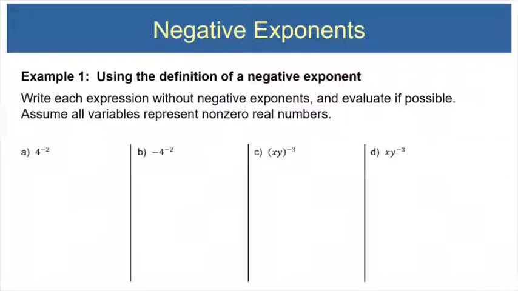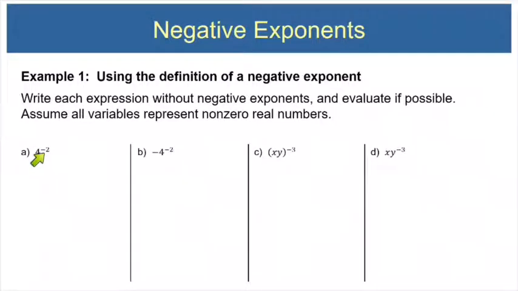So let's practice here restating each expression without negative exponents, and then we will evaluate if we can. Notice that it says assume all variables represent non-zero real numbers. In other words, we just don't have to worry about what would happen to a fraction if one of our variables is 0. Okay, we'll start here in part A with 4 to the negative 2.